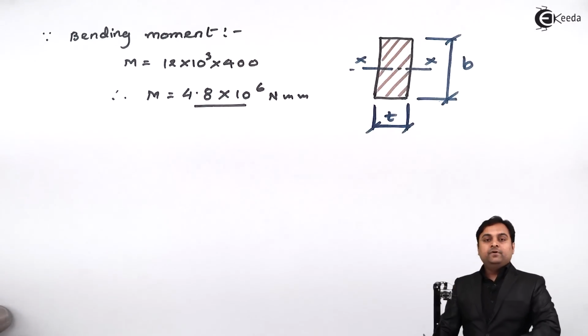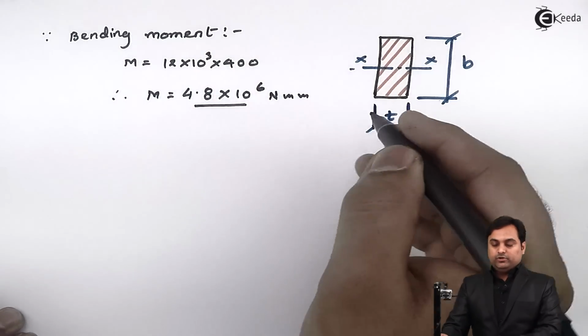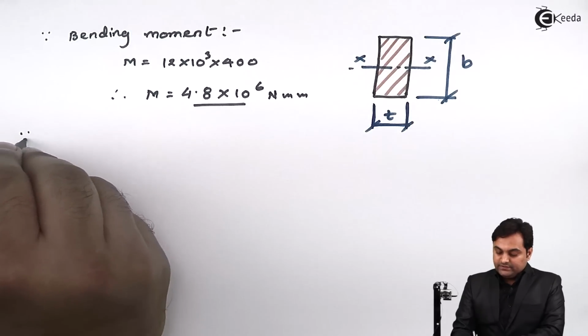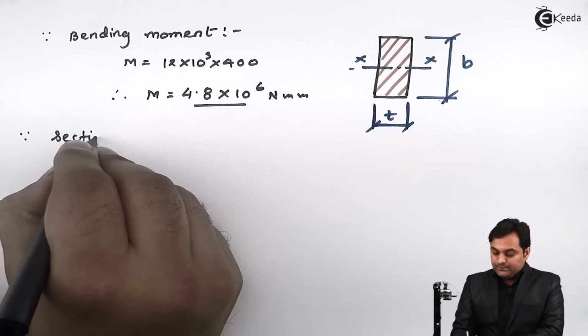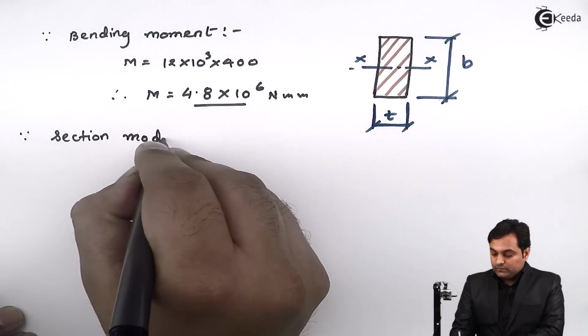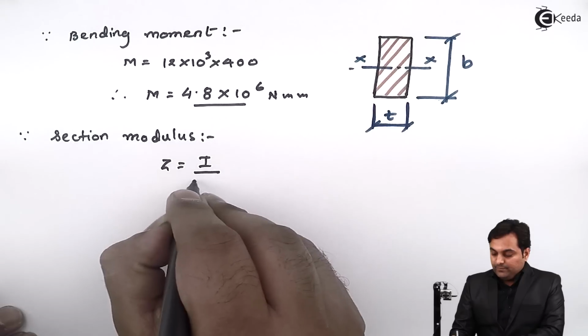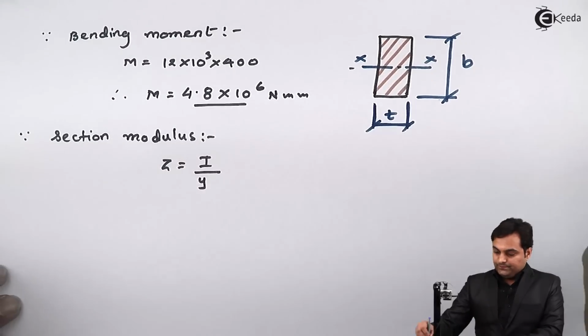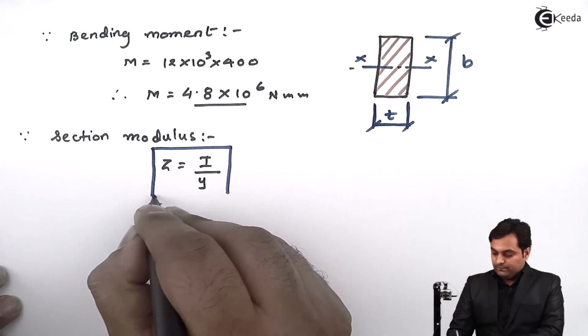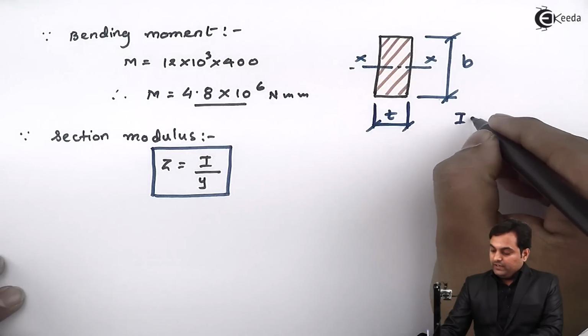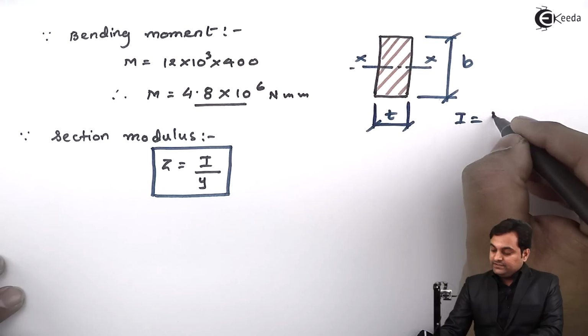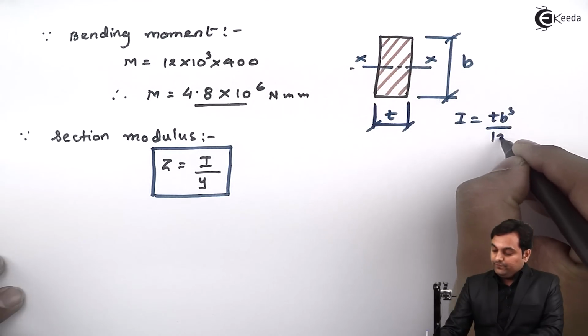Now after getting M, we need to know the section modulus. So I'll say that since section modulus Z is equal to I upon Y. Here I'll write down the value. I is about Ixx, that is TB cube by 12.